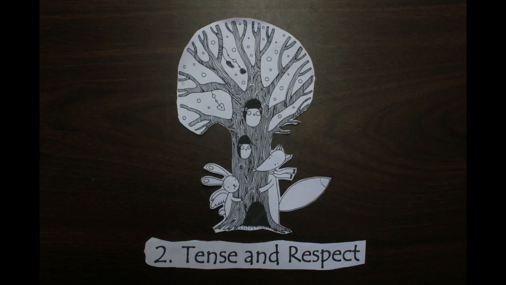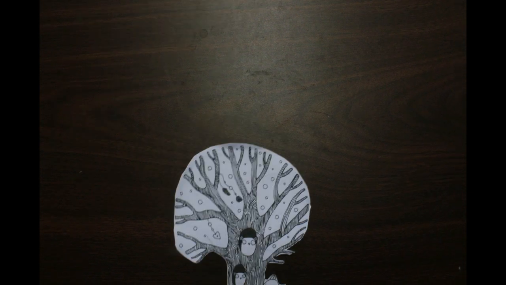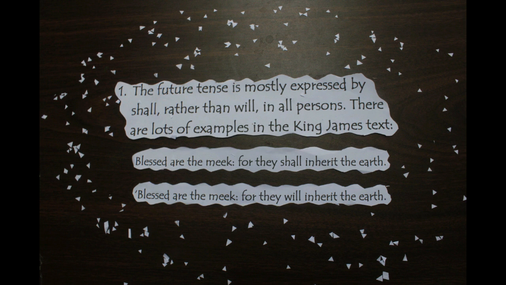Tense and aspect. In early modern English, the tense and aspect system is basically the same as in present-day English, with some differences. The first difference is that the future tense is mostly expressed by shall rather than will in all persons. There are lots of examples in the King James text.